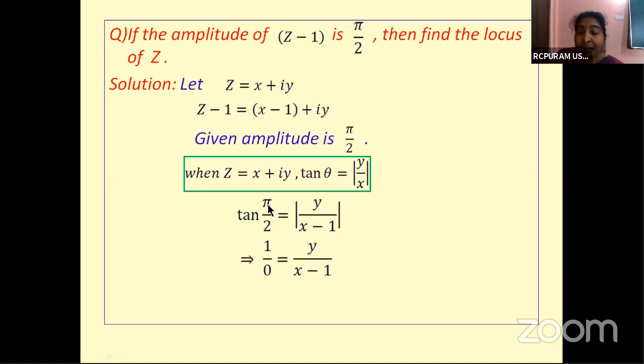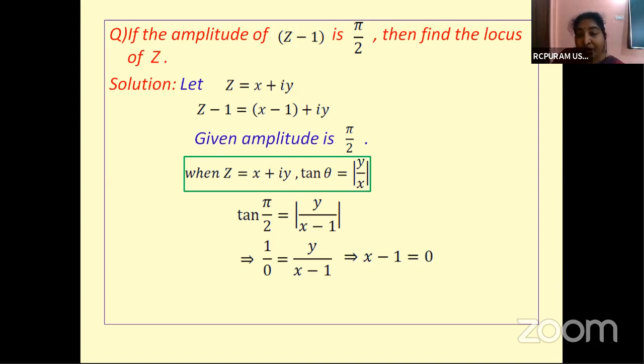Then tan pi by 2 is infinity. Infinity can be taken as 1 by 0, right? This is equal to y by x minus 1. On cross multiplication, you will have x minus 1 equal to 0. That means x is equal to 1.